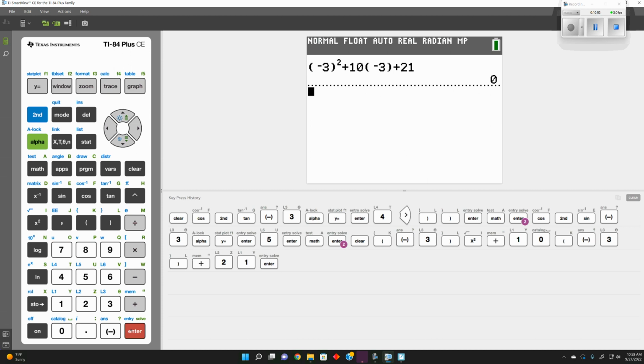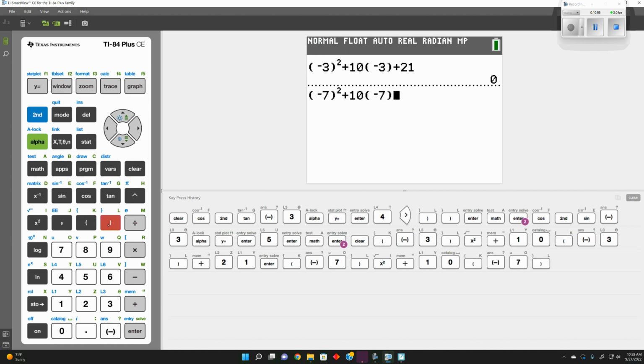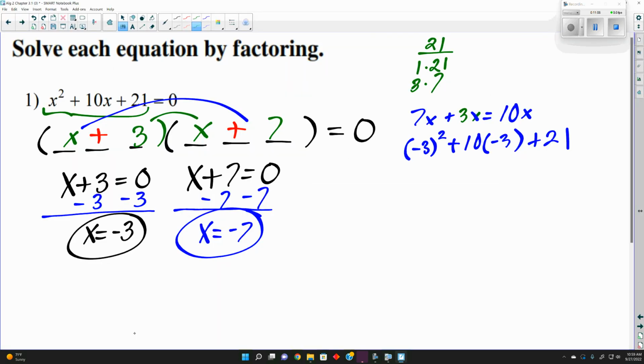We get 0. We can do the same thing with negative 7. Negative 7 squared plus 10 times negative 7 plus 21. We get 0. So both of these values of x will make the function equal 0. Any other questions on any of these here so far?